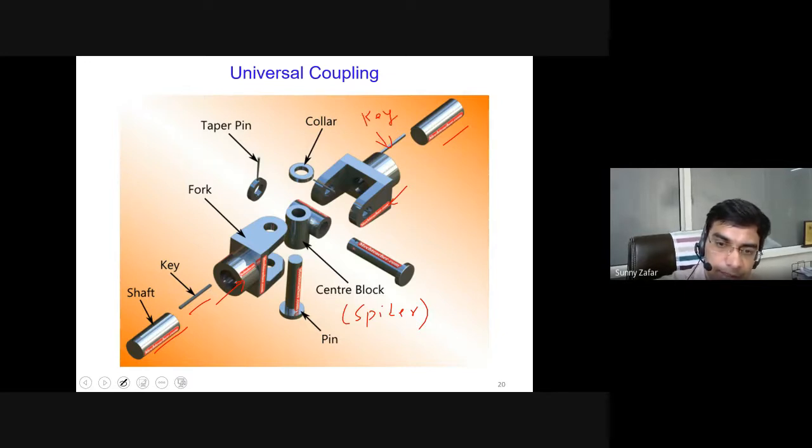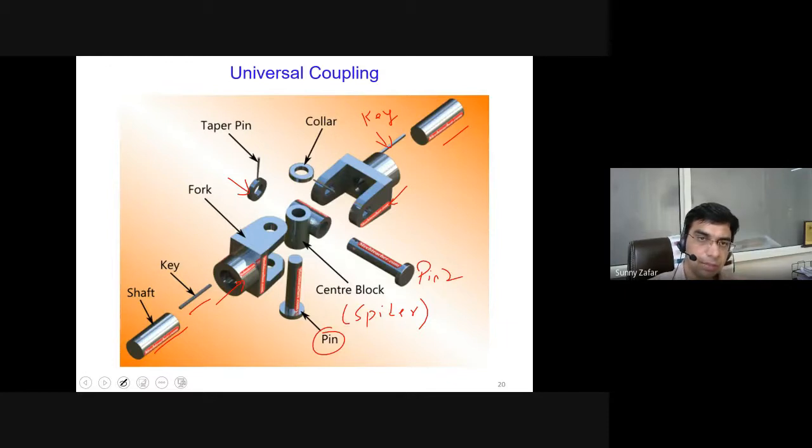And then in the center block, it is passing from here, and there are two pins, pin 1 and pin 2. These pins are held in place by using the collar and taper pin. The collar and taper pin will basically hold these pins in place in case these are unthreaded pins. In case of bolts, again, nuts may be used to lock it up.